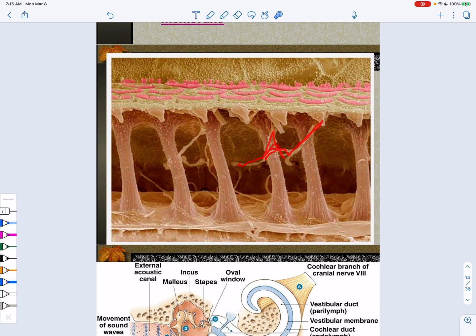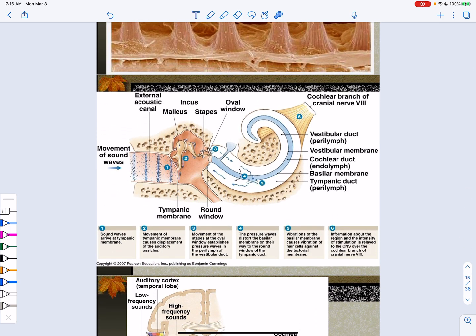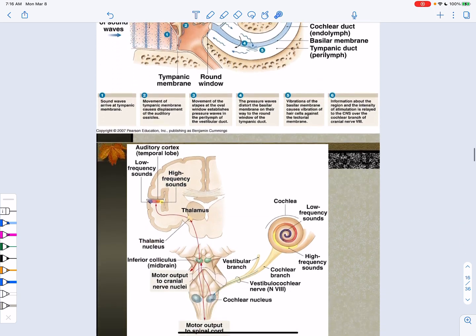All right, so there's a lot going on in your ear, and this is all microscopic. Okay, very, very small. And as that vibration passes through those hair cells, that information is carried to the central nervous system over the cochlear branch of the cranial nerve number 8.